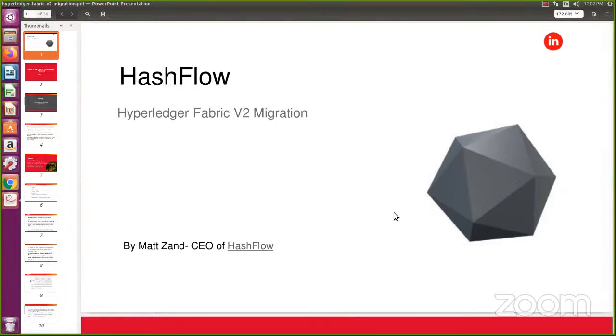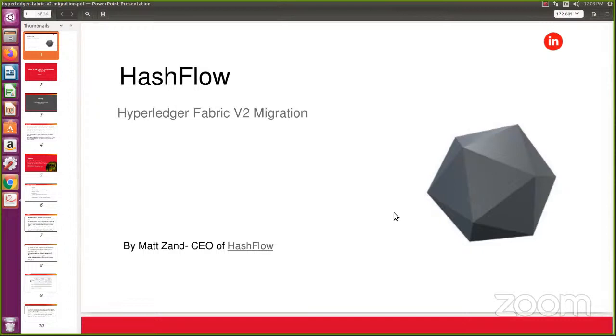Today I'm going to talk about that because it comes from the very practical perspective of the client. And you mentioned your companies also have more or less the same challenges right now with regard to migration to version 2. So having said that, let's continue with this presentation.